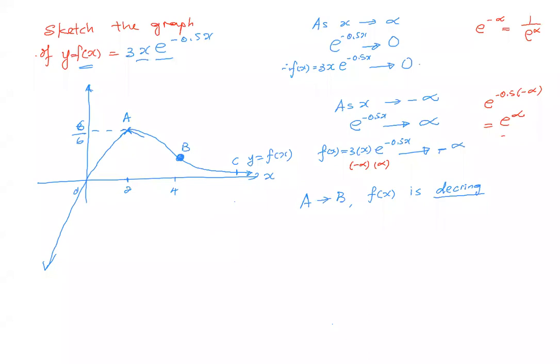Is the graph becoming steeper or less steep from A to B? Raisa? Steeper. So f(x) is decreasing at an increasing rate.